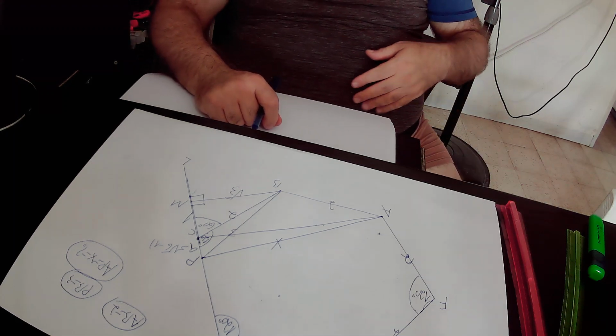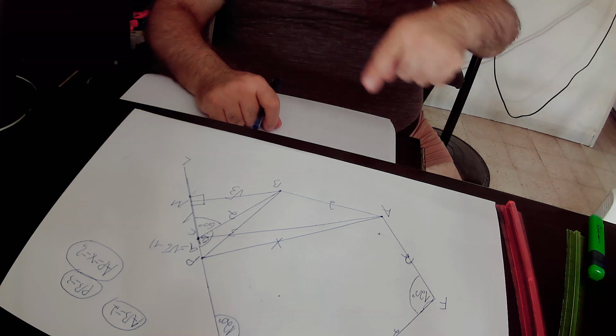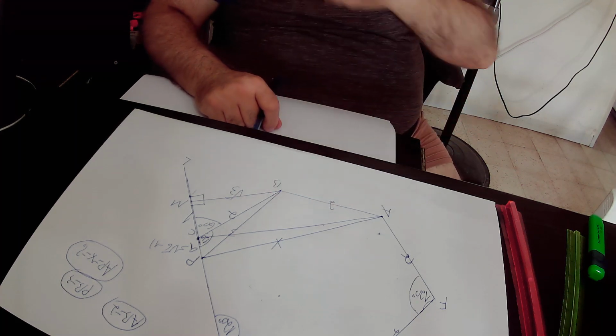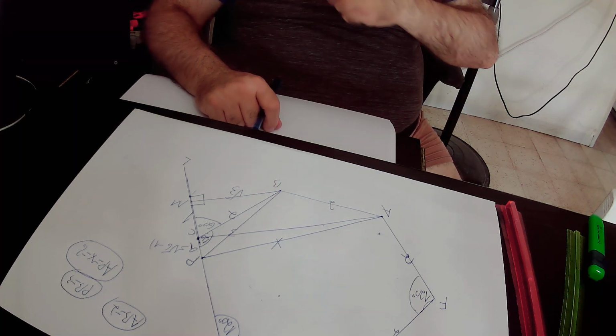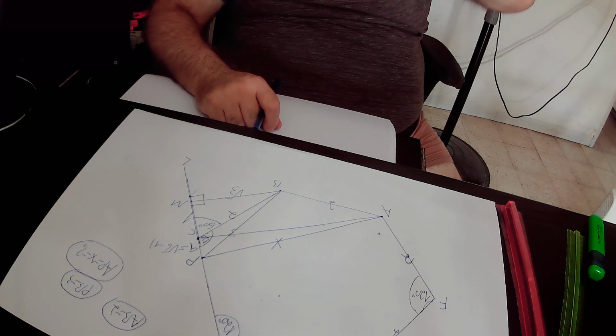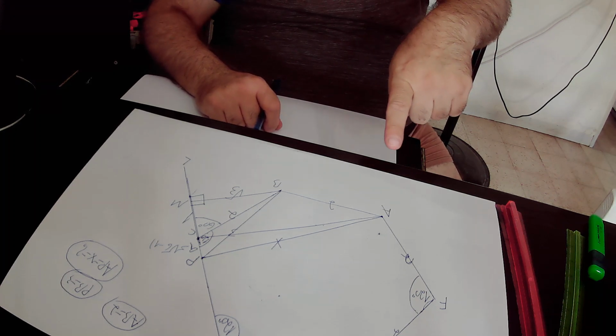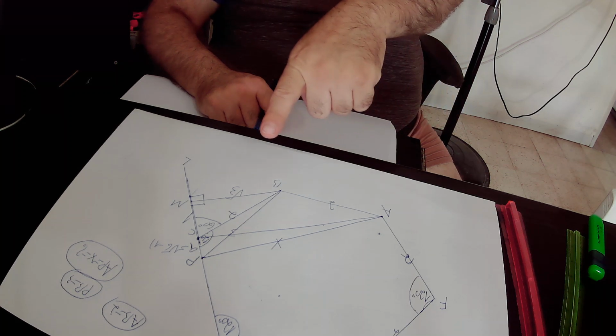By joining points A and C, we get the triangle ABC. So I'll copy triangle ABC in a new page, and we will implement in this triangle ABC the law of cosines in order to find out the length of side AC.